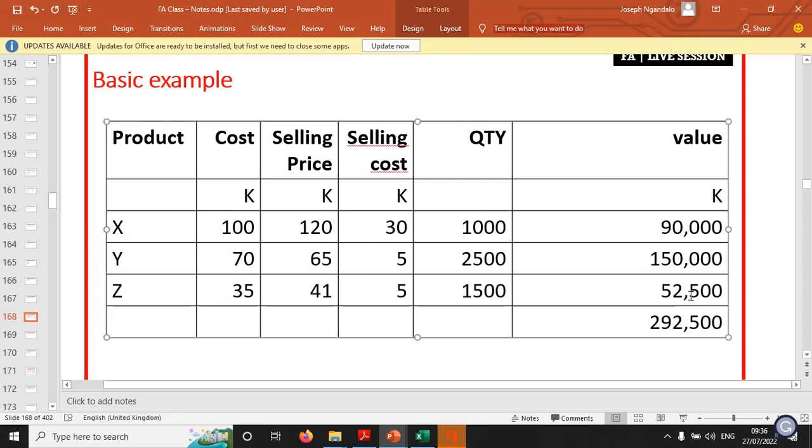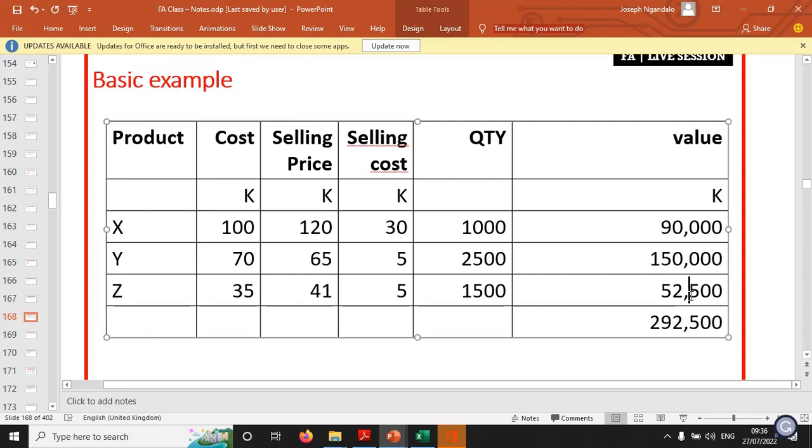Unless there was a question on what we have done. On this one, we got this one, but on these others, we got the subtractions. Yes, you can ask. No, it's not 70 minus 65.